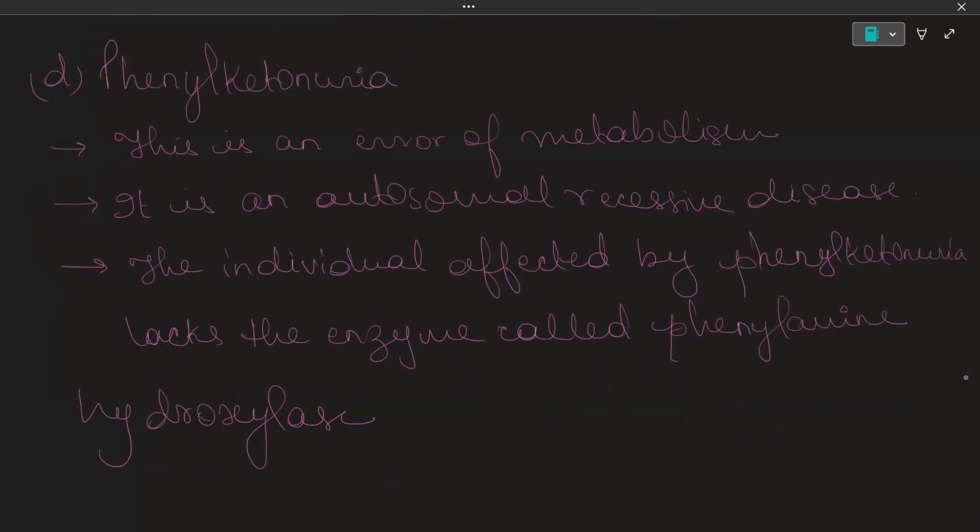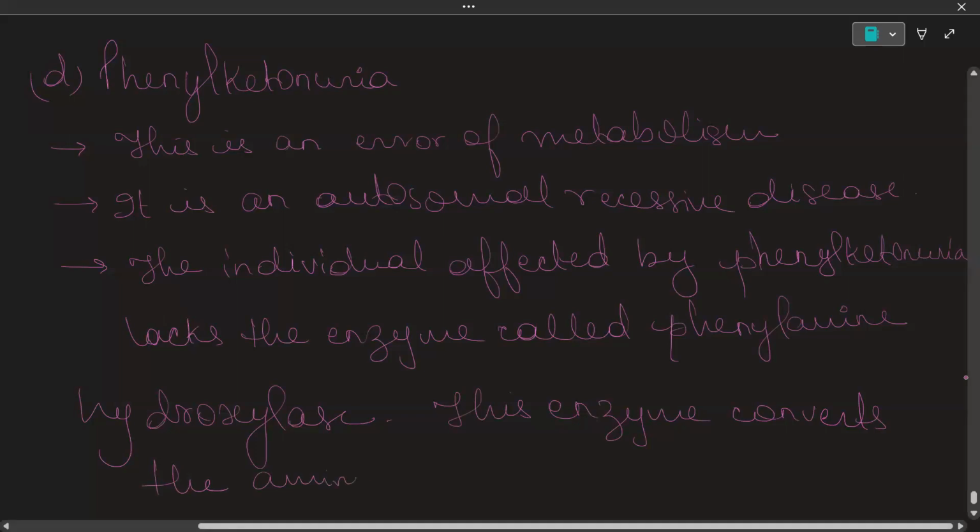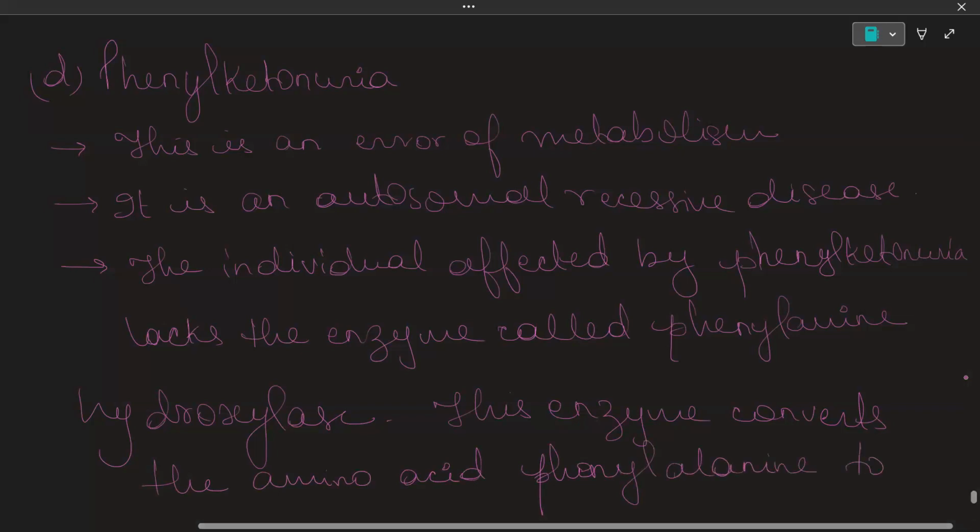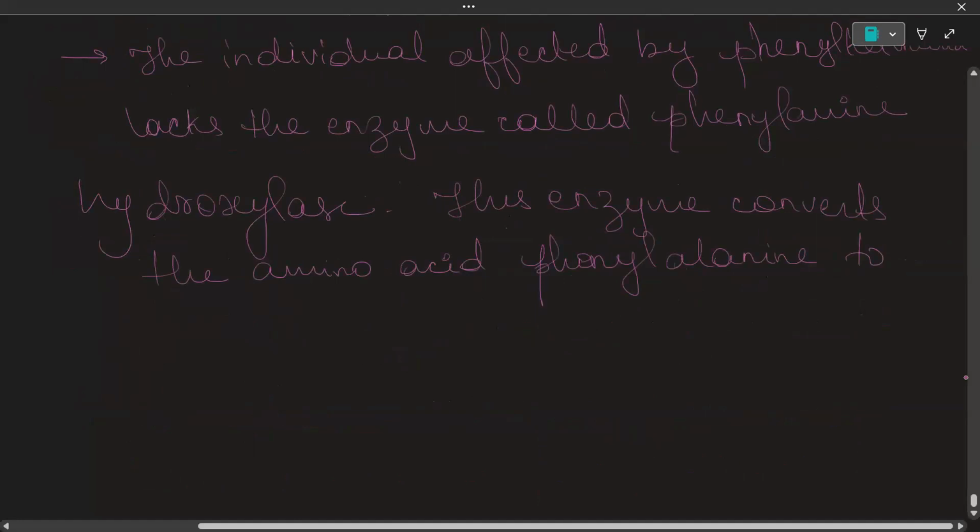So, let us see now this enzyme. You should know the function of the enzyme also. So, this enzyme converts the amino acid phenylalanine to tyrosine. Okay, tyrosine is another amino acid.